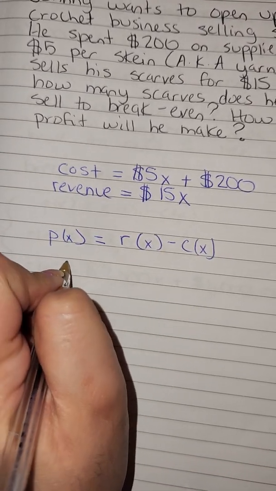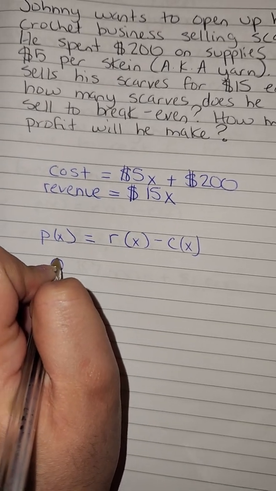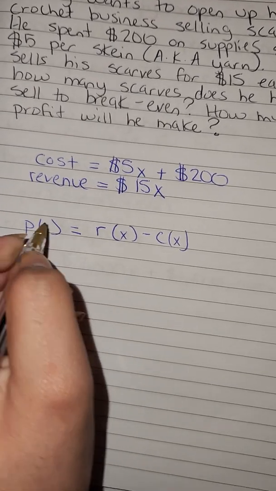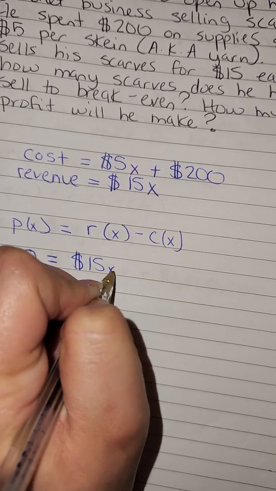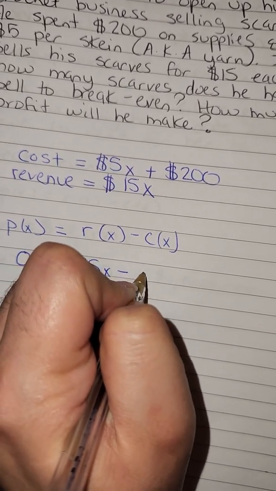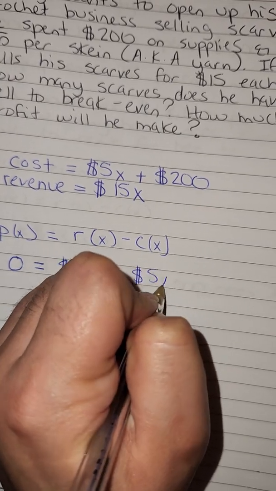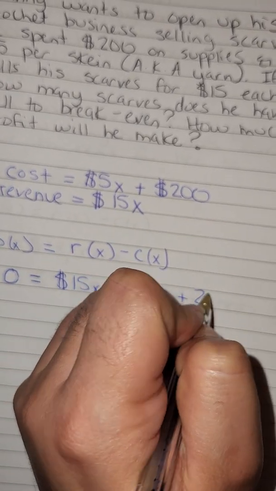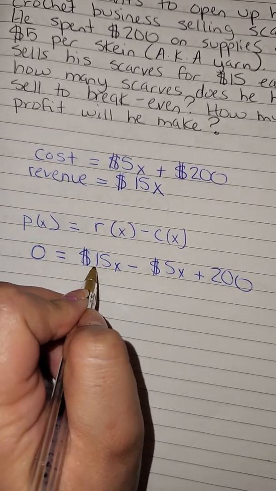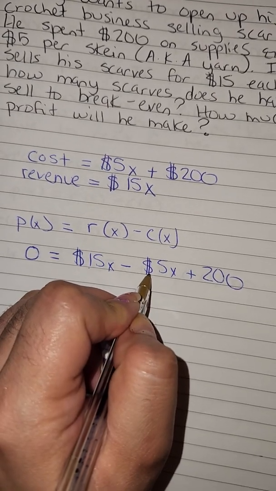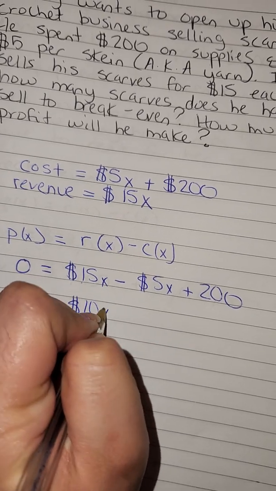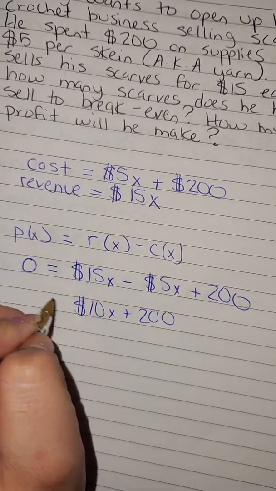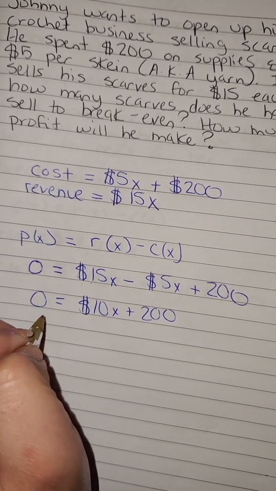In this case, we're going to set profit to 0 because we want to break even first. R of X is $15 X minus the C of X, which is 5X plus 200. Okay, $15 minus 5 is $10. So it's $10 X minus 200 is equal to 0.